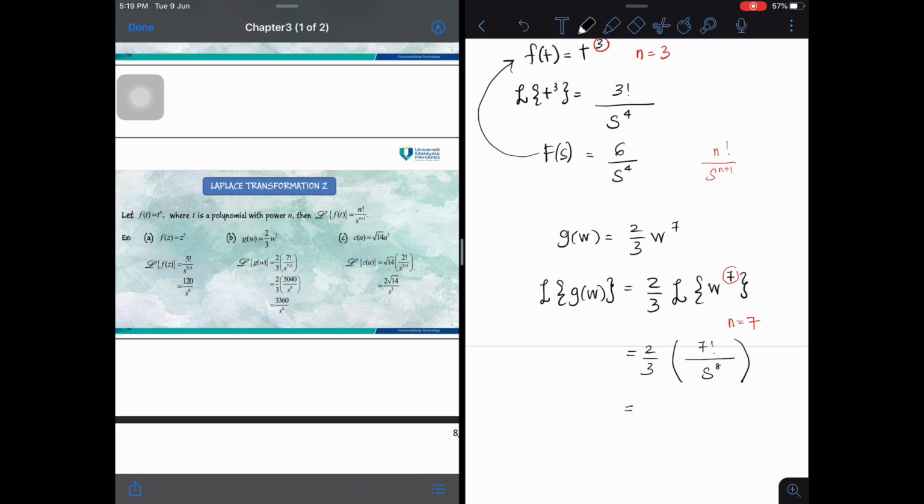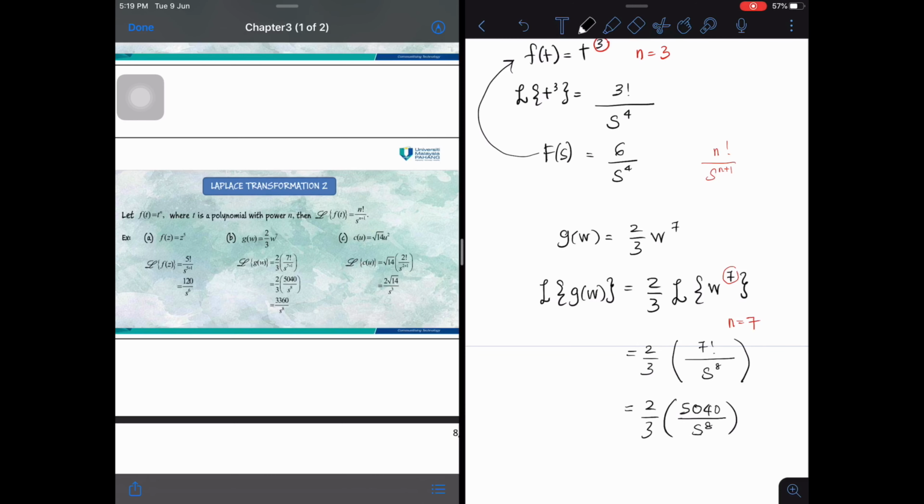So what you will have for 7 factorial is, let me calculate. 2 over 3 times 7 factorial, which is equal to 5040, divided by s to the power of 8.